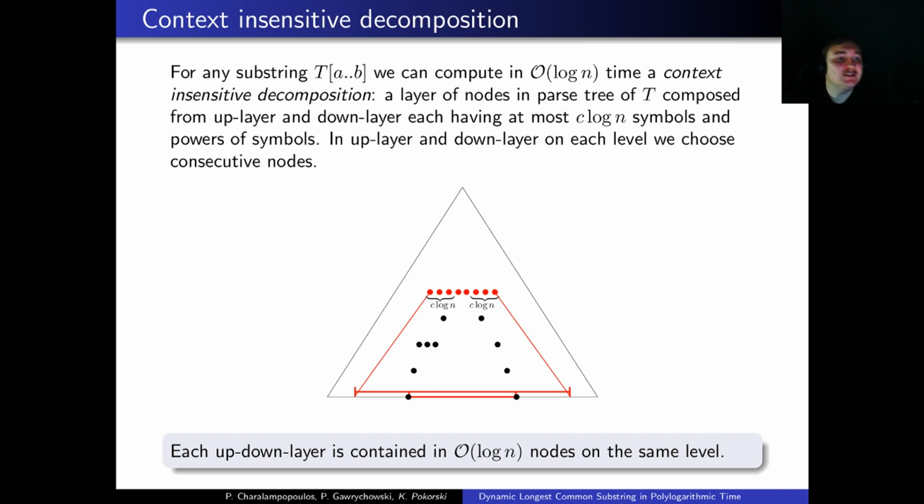Yes, one of these nodes, one of the topmost nodes of our context insensitive decomposition. We should be able to go locally C log n nodes to the left and C log n nodes to the right, and this will be the word in which our substring is contained completely.